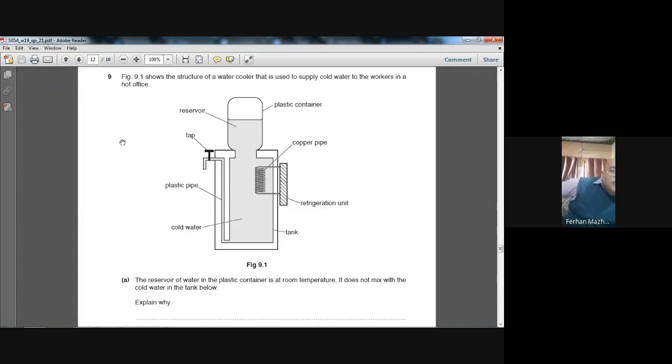Okay. You see, the cold water is at the bottom and the hot water is above. The cold water has higher density and the hot water has less density. The other thing is that the hot water cannot mix with the cold water quickly.